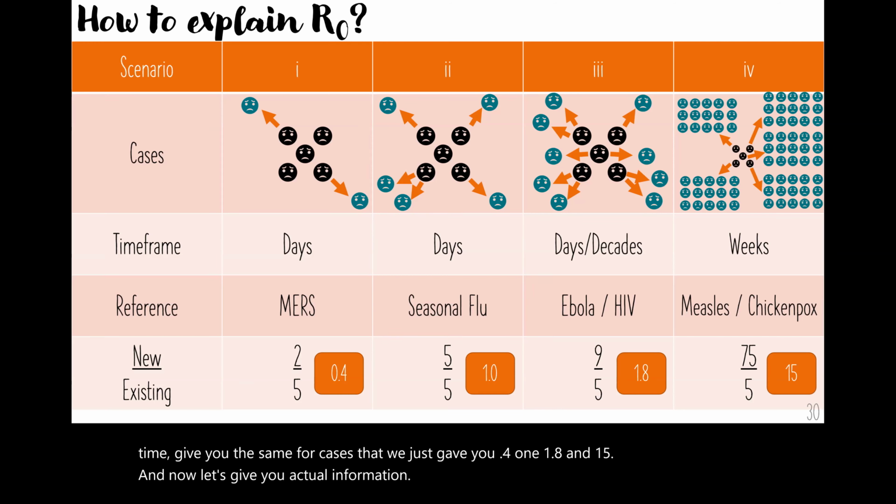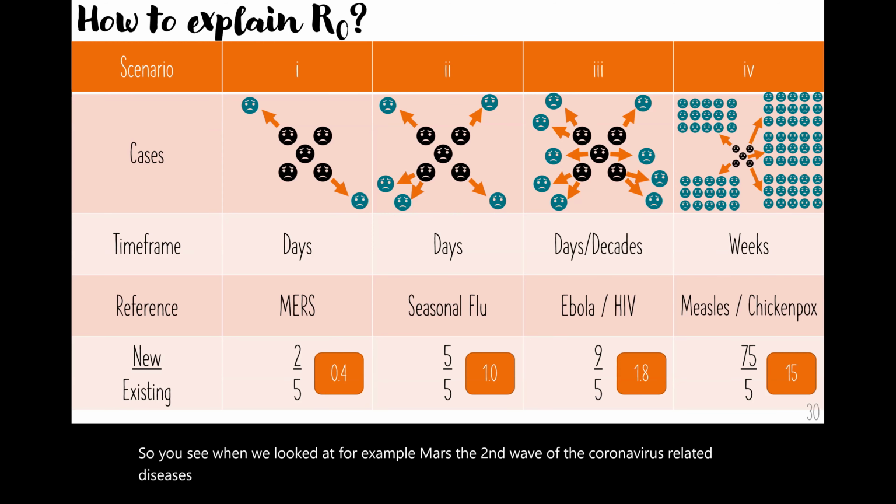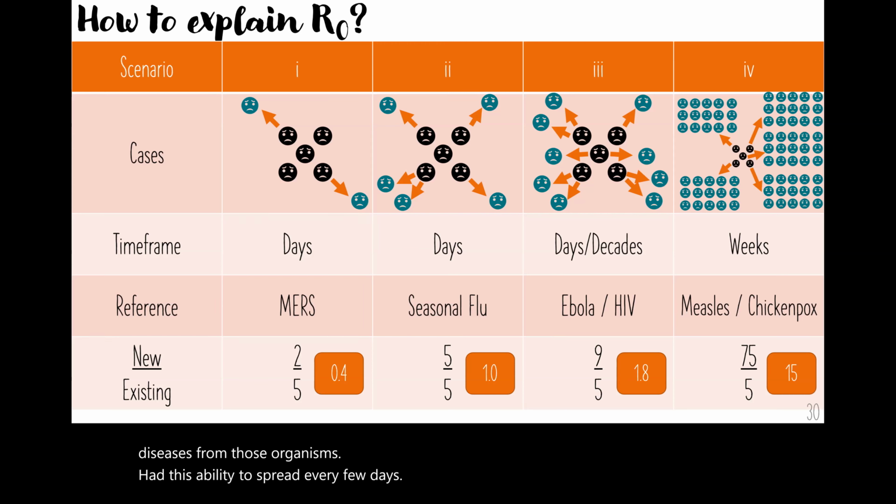So you see, when we looked at, for example, MERS, the second wave of the coronavirus-related diseases from those organisms, MERS had this ability to spread every few days. Whereas your classic seasonal flu also does the exact same thing.